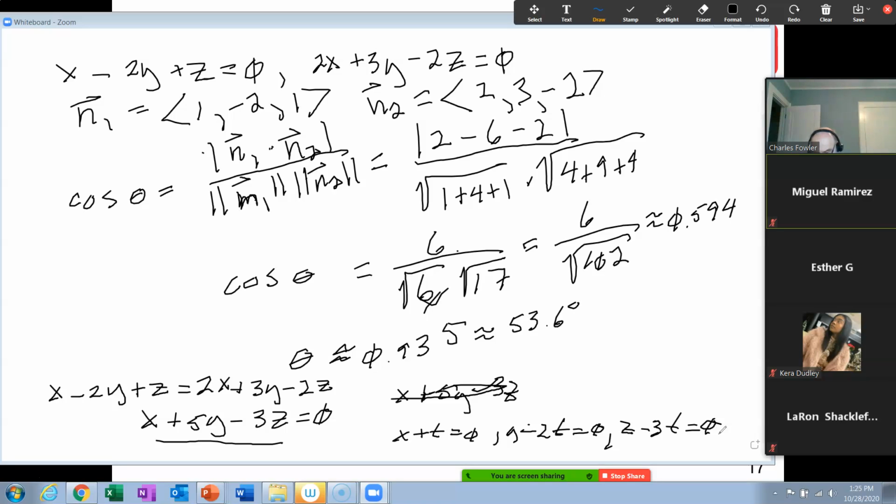You can find the line of intersection of the two planes by simultaneously solving the two linear equations representing the planes. One way to do this is multiply the first equation by minus 2. No, I haven't done it right. Sorry about that.